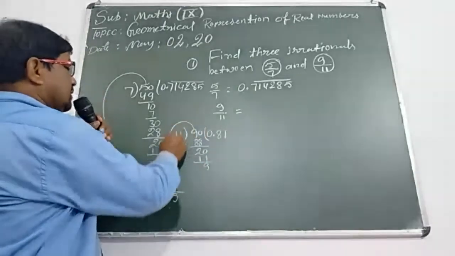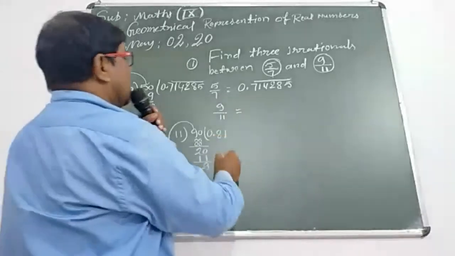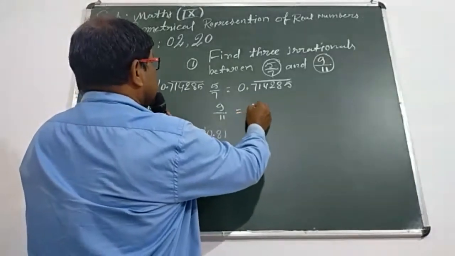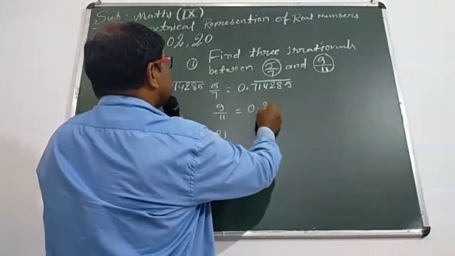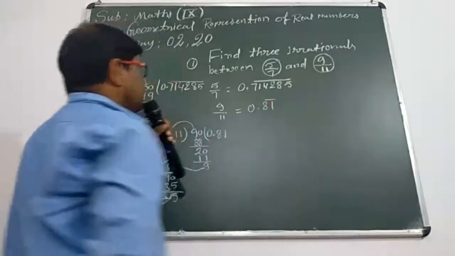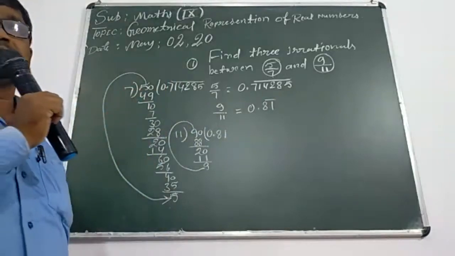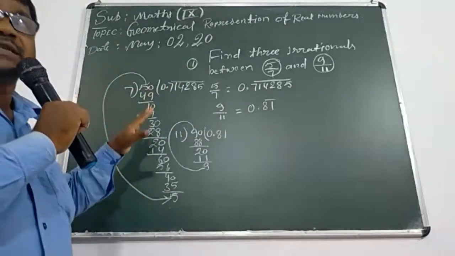It means these two are the digits in the repeating block. So we will write here 0.81 bar. Understanding? Clear cut operation here.